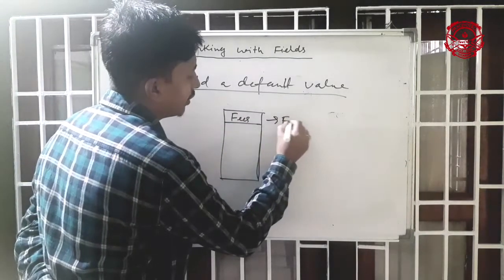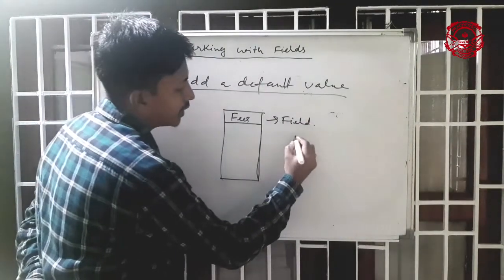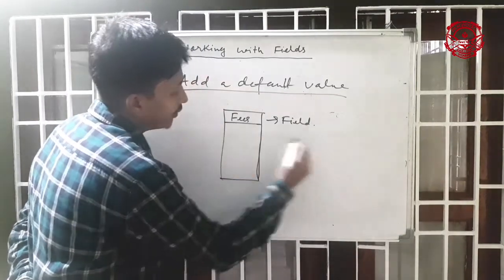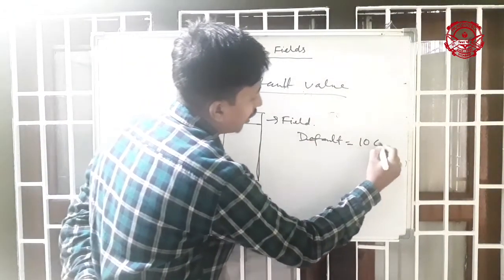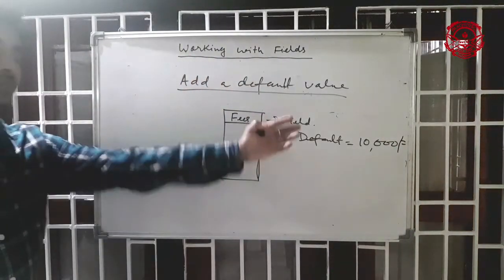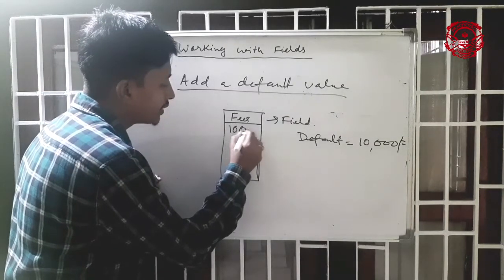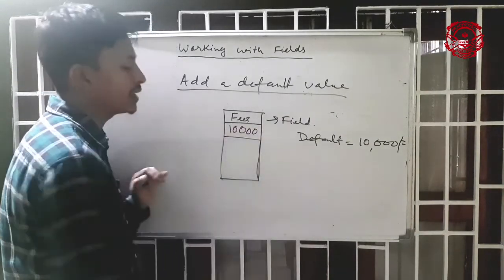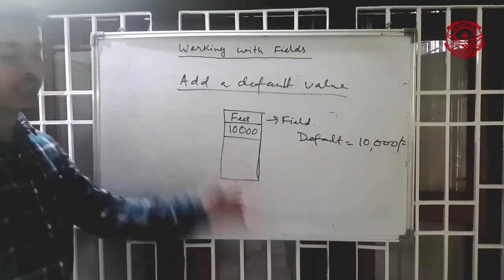Default value means what? By default, 10,000 rupees is minimum by default. If you have not entered a value, by default it will come 10,000. So minimum value 10,000 will be coming definitely. Okay, by default it will come 10,000.